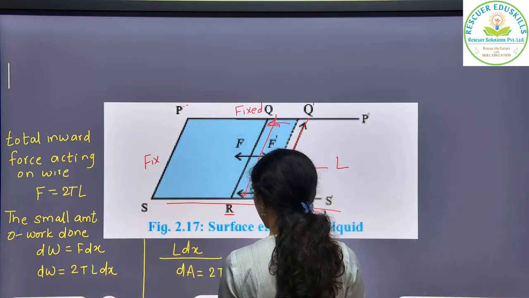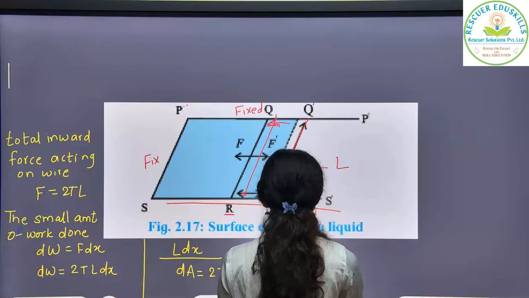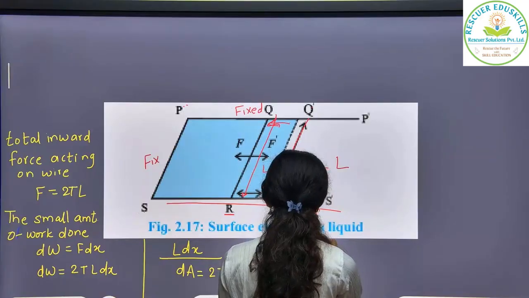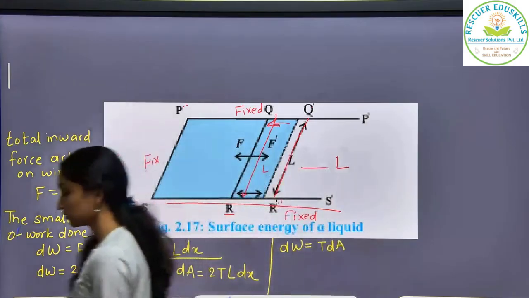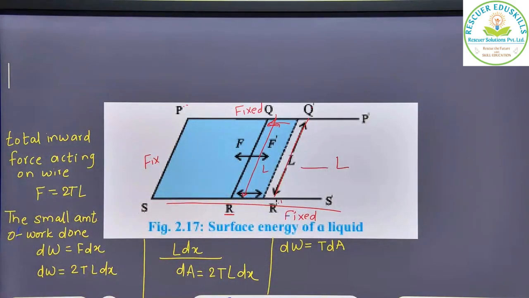So now we can write dW is equal to T dA. Okay, understood?